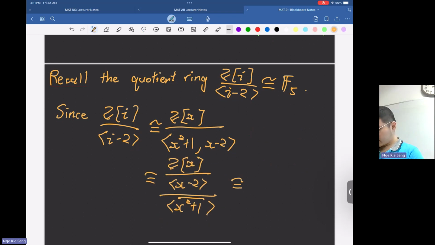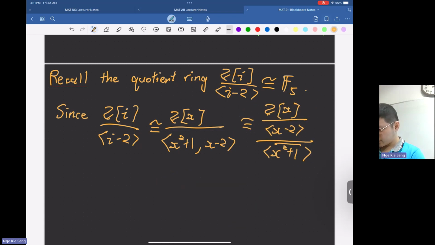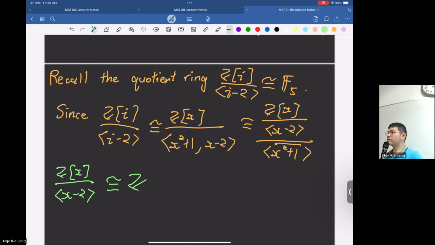What I get is just Z. I should better write down the isomorphism for you. What is Z[x] over (x minus 2)? I claim that this is isomorphic to Z.